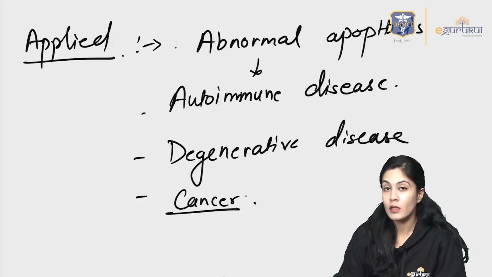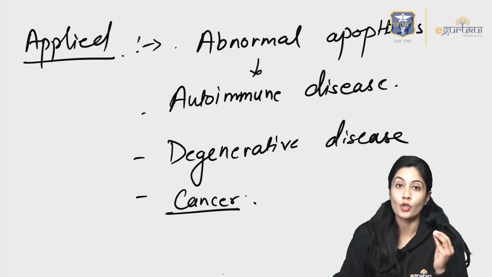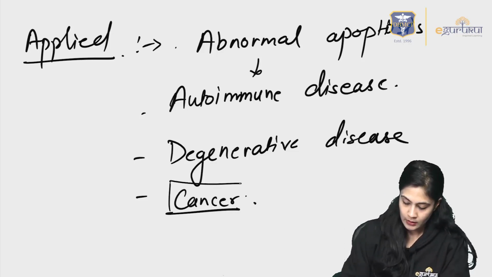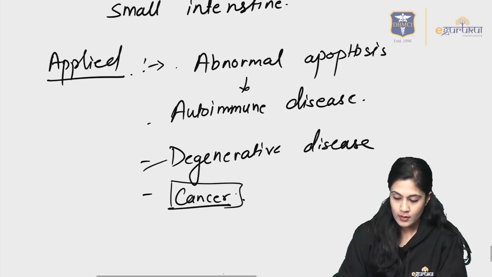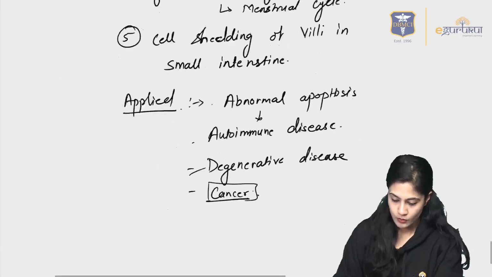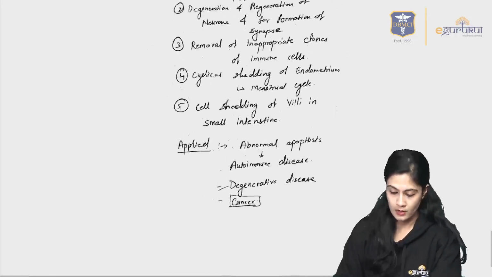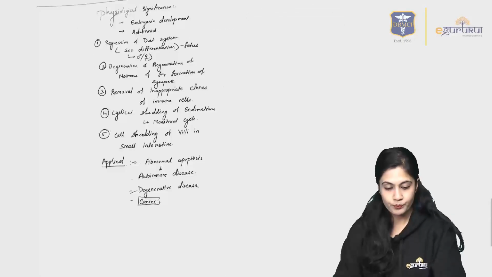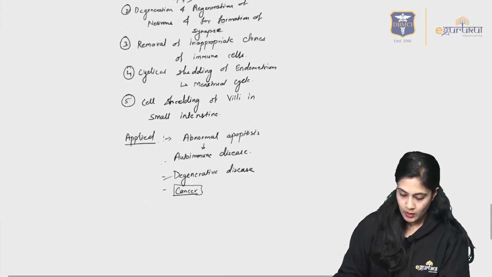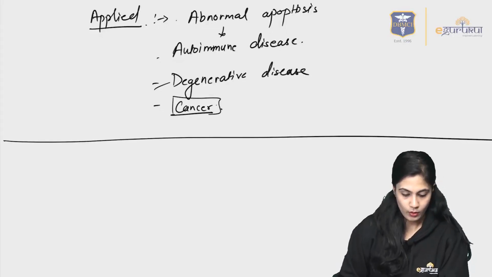If this abnormal process of apoptosis is going on in the body, or it is absolutely not taking place, then cancer can take place, degenerative disease because of various mutations, and autoimmune disease can take place because of this abnormal apoptosis. So you should remember this about apoptosis. So this is about the general physiology topic, that is apoptosis, right.